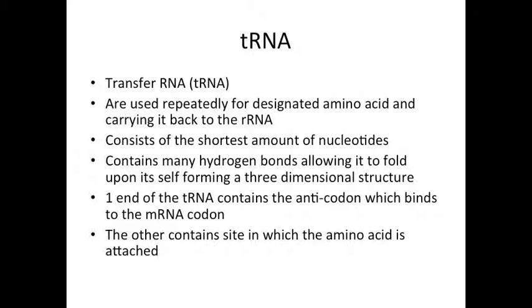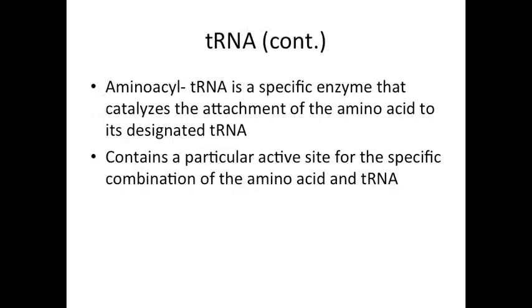It consists of the fewest nucleotides of all the RNAs, and it contains hydrogen bonds which allow it to fold upon itself, forming a three-dimensional cloverleaf structure. The first end of the tRNA contains the anticodon, which binds to the mRNA codon. The other end contains the site to which the amino acid is attached.